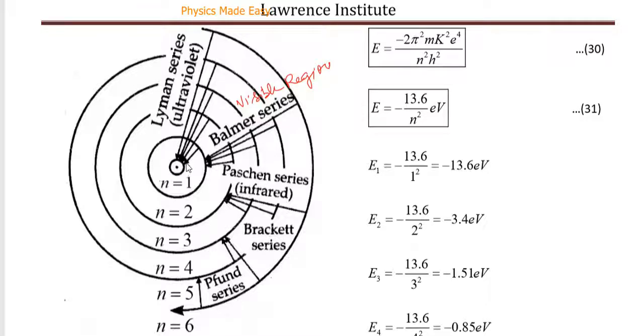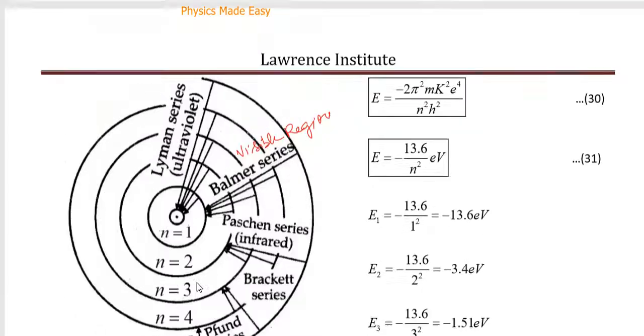From second level to first level, third to first, fourth to first, a large number of Lyman series lines are formed. On the same line, when the electron from a higher level falls to the second level, the Balmer series is formed. It lies in the visible region. When electrons from higher levels fall in the third level, the Paschen series is formed. This is infrared. When an electron falls in the fourth level, the Brackett series is formed, and when an electron falls in the fifth level, the Pfund series is formed.